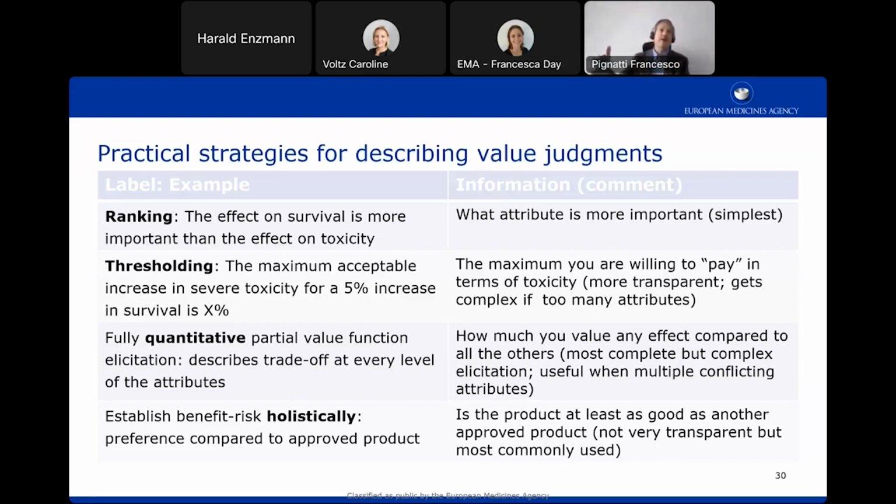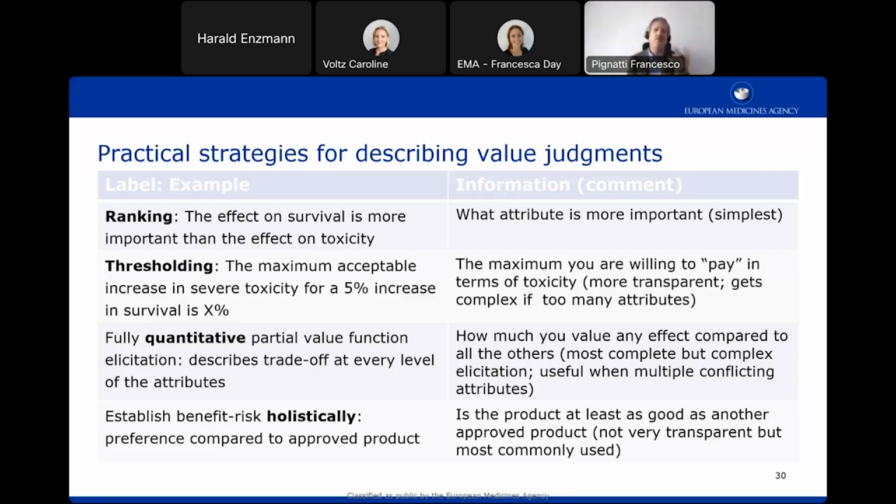I would even go so far as to say that 50% is acceptable. 70%, I'm starting to doubt, and definitely 80% grade 3-4 increase would be a no-go. Okay, that describes the threshold for the decision. It is definitely more transparent than simply saying I value the improvement on one effect more than the other.